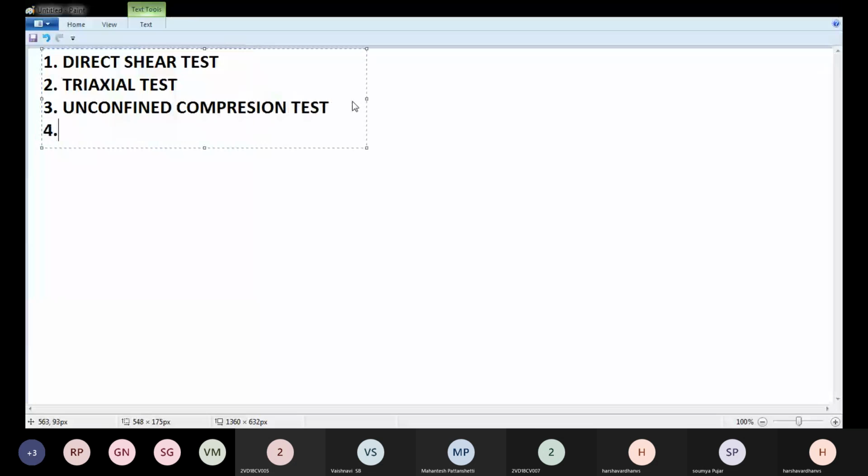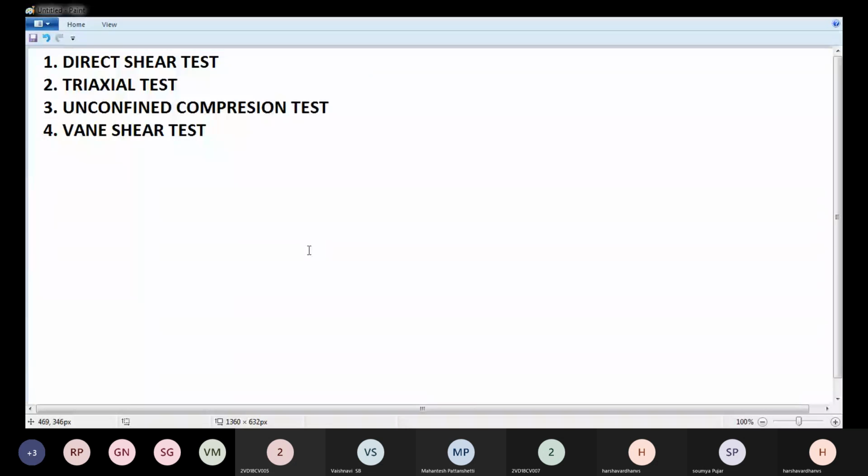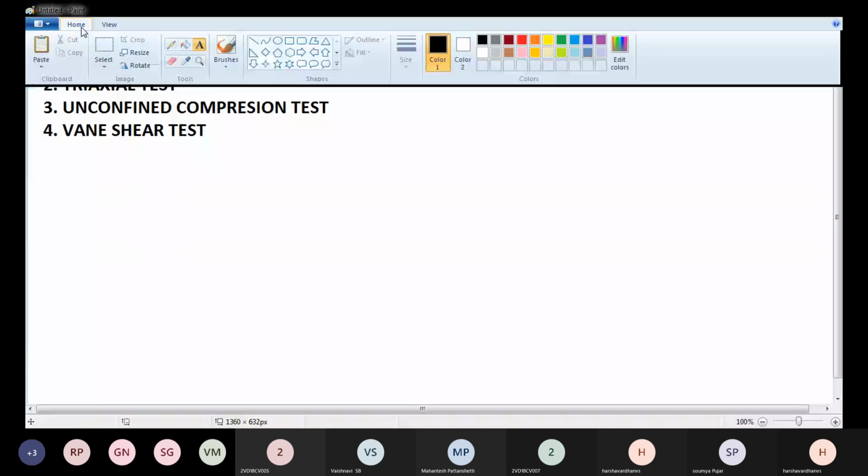And finally, the 4th test is vane shear test. So in all the tests, we are drawing the graph.